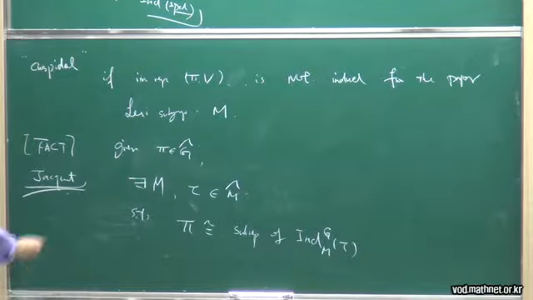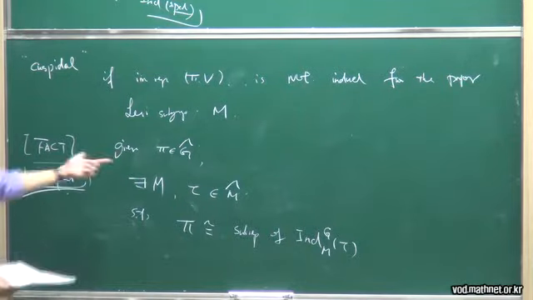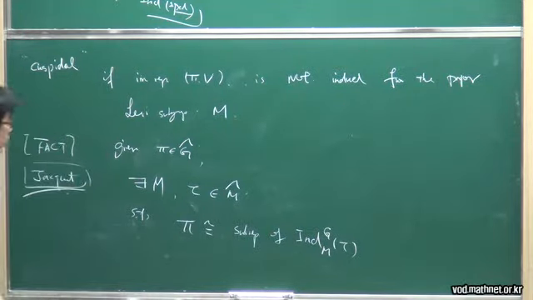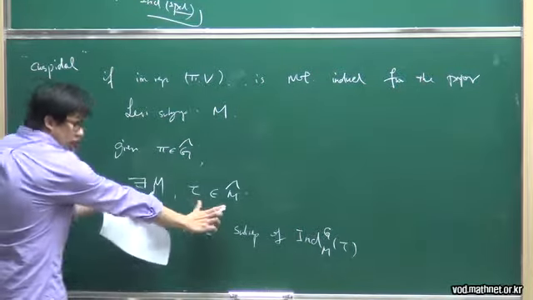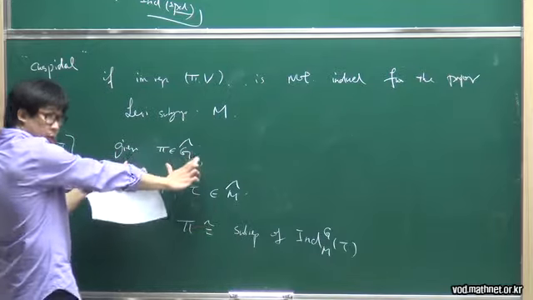Okay. So from this we can read some information: for any element in G hat, we can find such a pair to construct the representation of G.